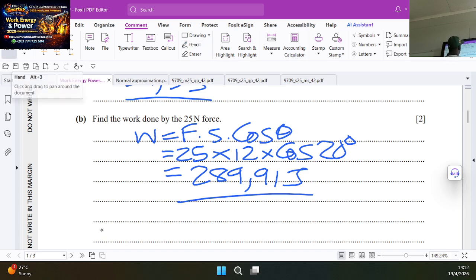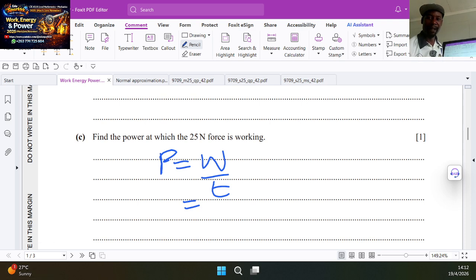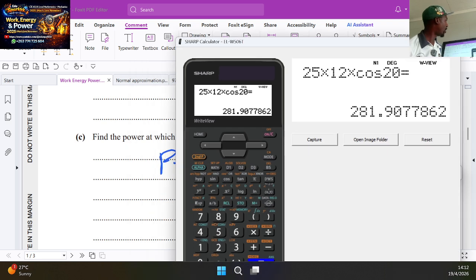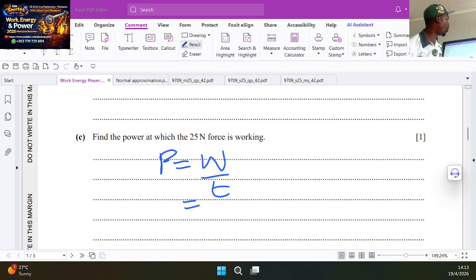Right. Moving to the last part. Last part we're interested in power, and we say the power is defined as the rate at which work is done. So the work we found in the previous problem was 289.91. Let me double check with our calculator that the work done is 281.91.